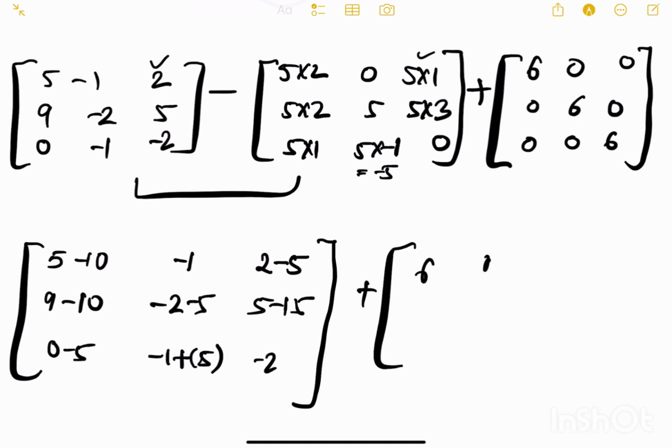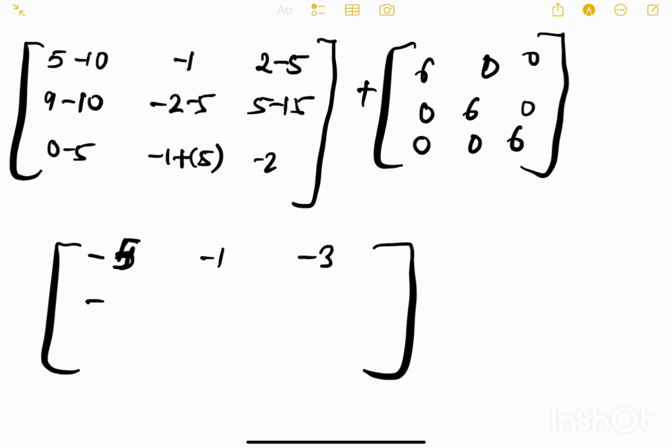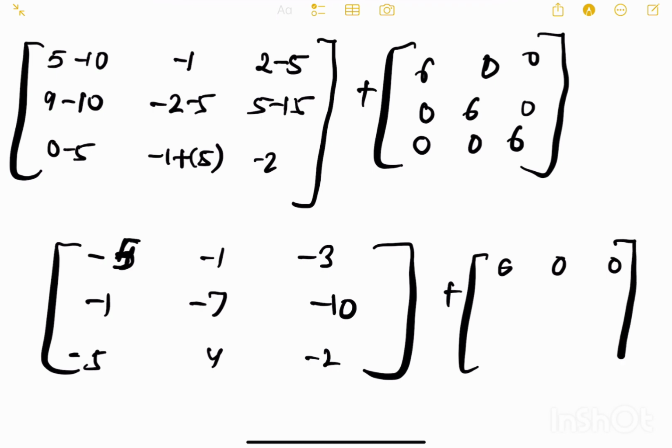We have to add the resultant to this matrix. What is this? Minus of 4, minus of 5, sorry. Minus of 1, minus of 3, minus of 1, minus of 7. This is minus of 10, this is minus of 5, this is 4, this is 2. Now we will just add the resultant.